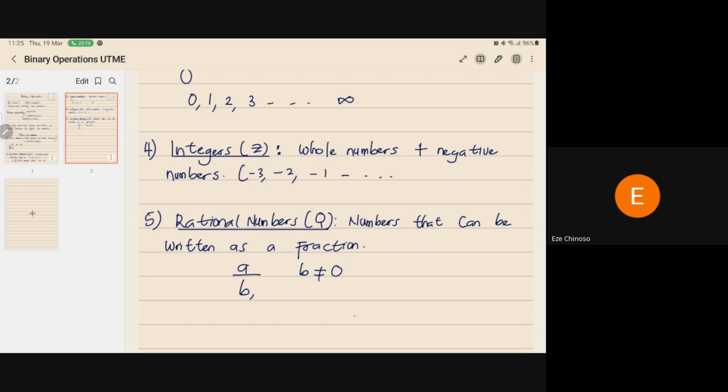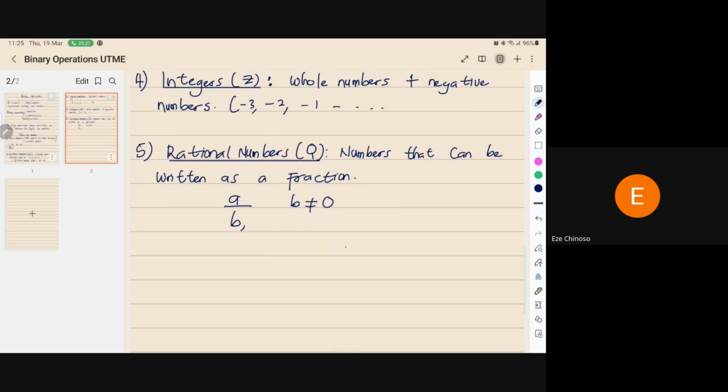It also involves recurring decimals, things like 0.7, and 0.333333. All of them are rational numbers. So it includes both terminating and recurring decimals. This one is a terminating decimal, 0.75. It terminates, it doesn't continue. So both terminating and recurring fall under rational numbers.